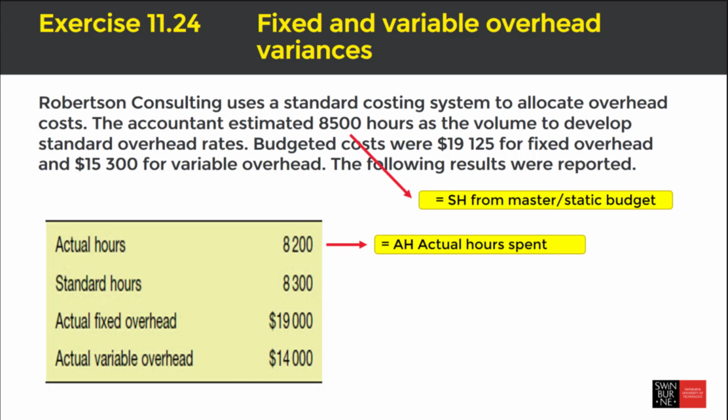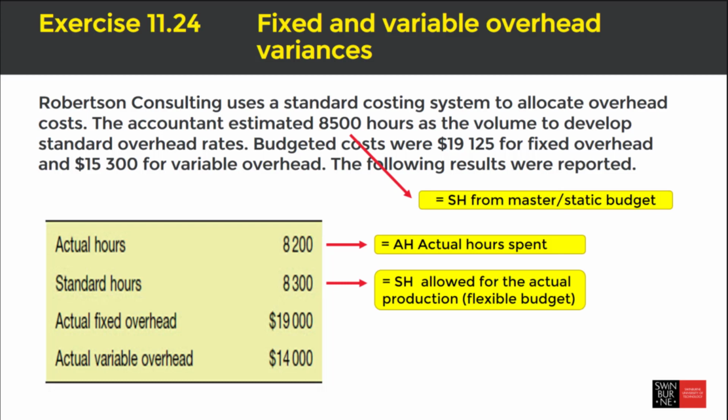What's the difference between this and the previous standard hours? The standard hours here are the standard hours that the company allows for the actual production. In other words, this is standard hours from the flexible budget. You already adjusted the standard hours for the actual level of production. The actual fixed overhead is 19,000. Actual variable overhead is 14,800.